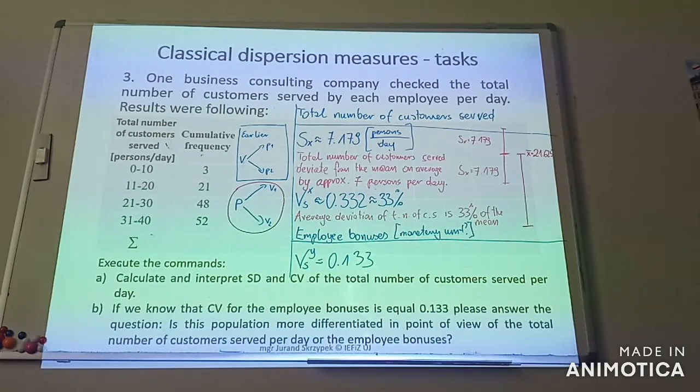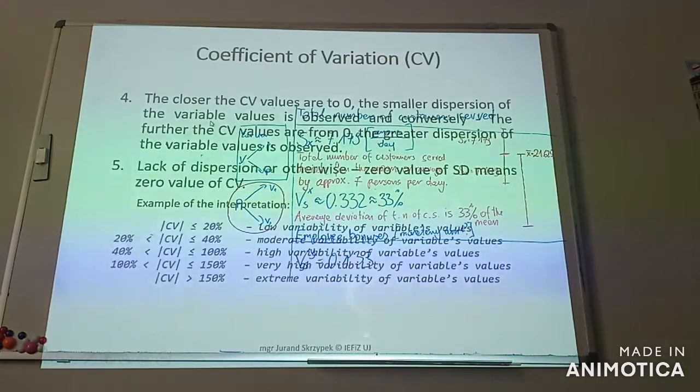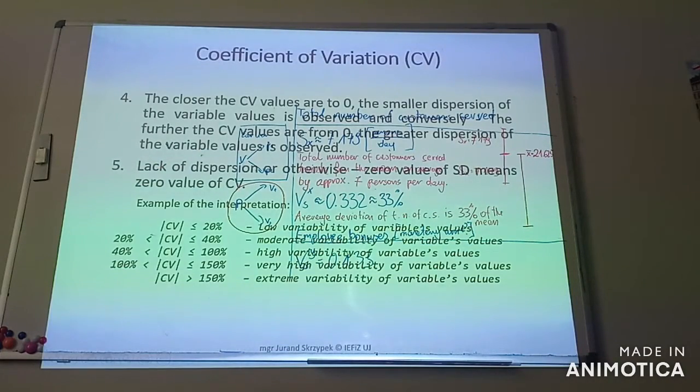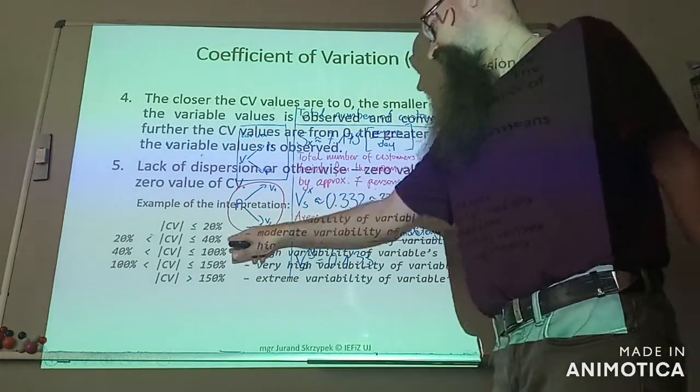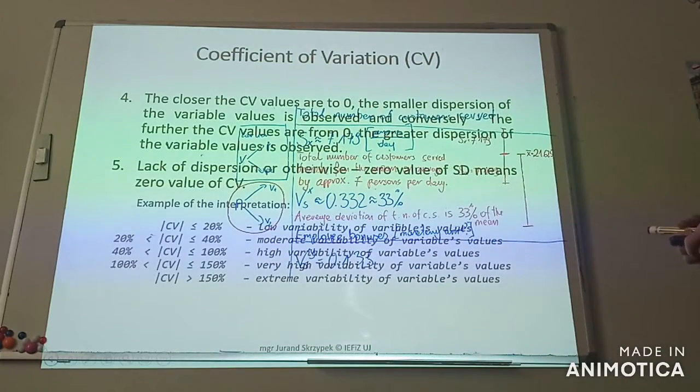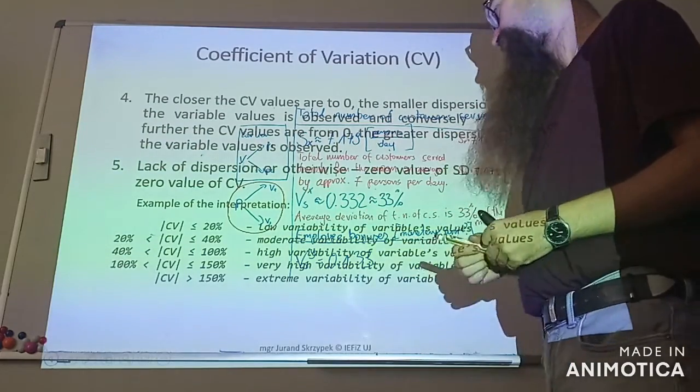Okay, as you remember, some statisticians proposed the following interpretation of that amount. Here 33% is the second interval of coefficient of variation in the example of the interpretation.